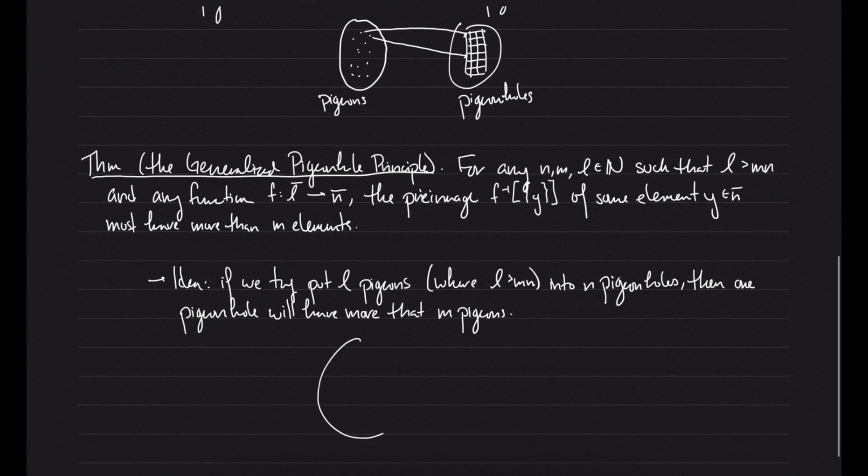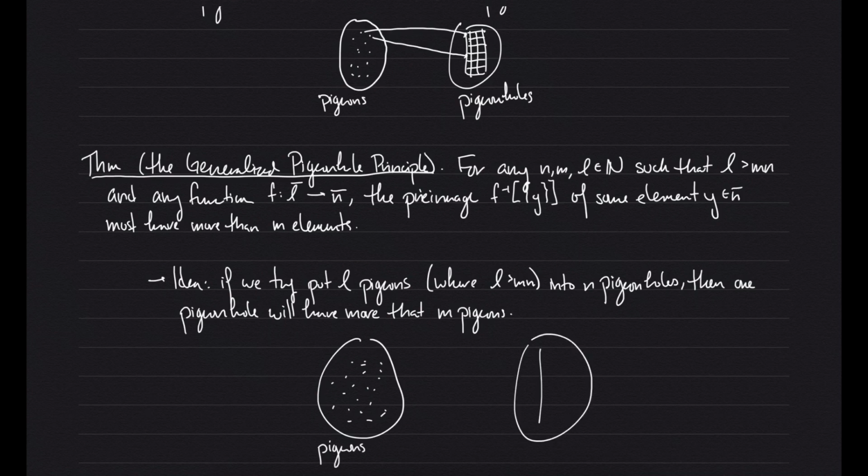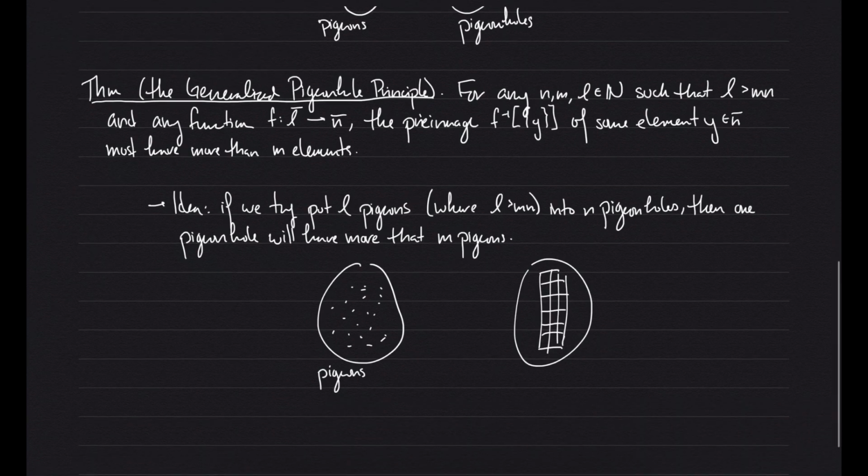So if we have a set of our pigeons, many pigeons, and we have, again, a bunch of pigeonholes, and here there are L greater than mn pigeons, and here we have n pigeonholes.